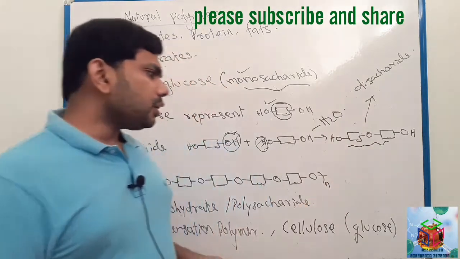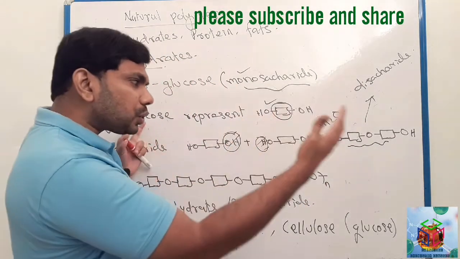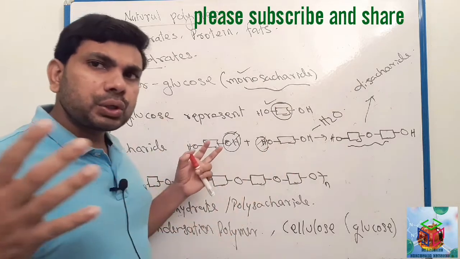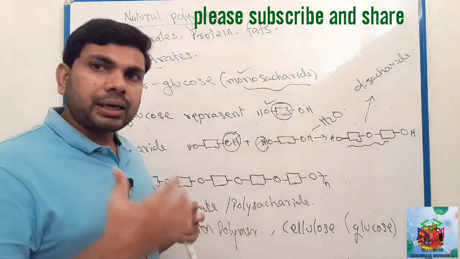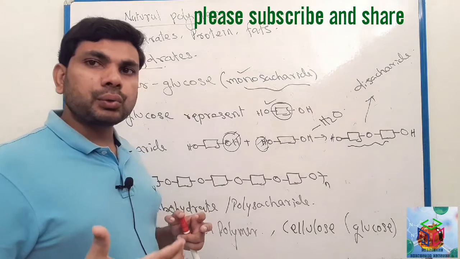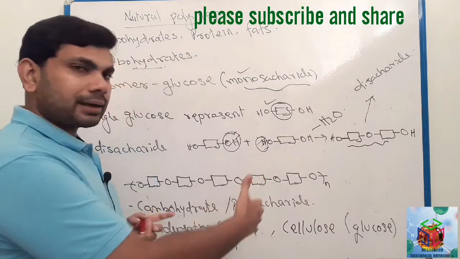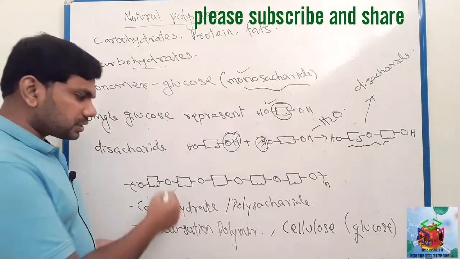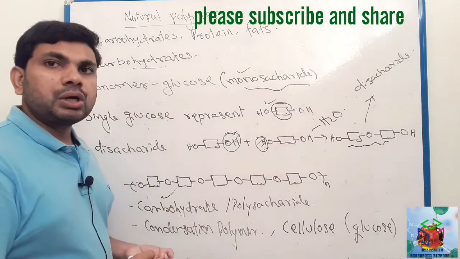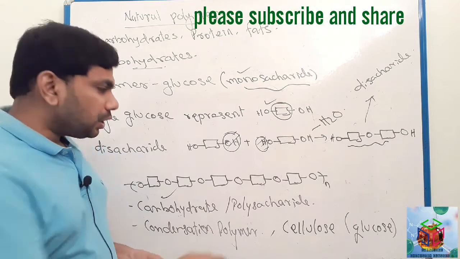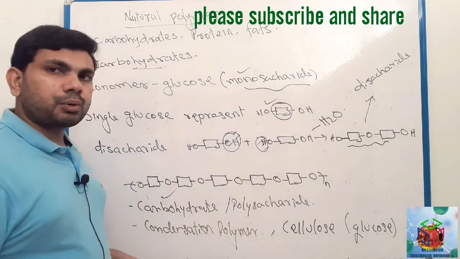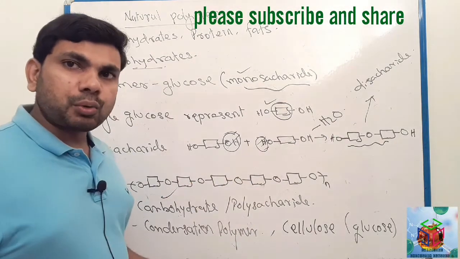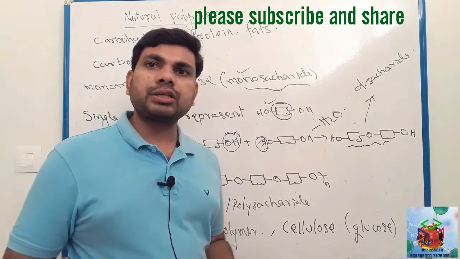This way, many glucose molecules join together by eliminating water molecules and form a polysaccharide, and this polysaccharide is carbohydrate. This is the structure of carbohydrate, you can draw it like this. What is the monomer of carbohydrate? Glucose.